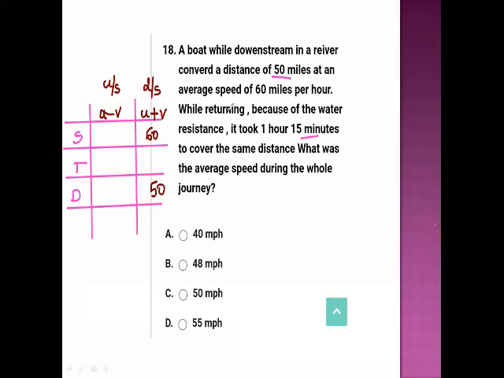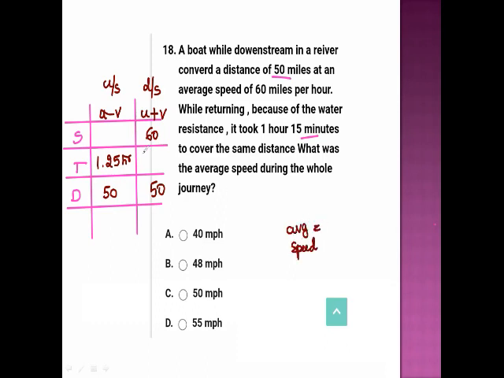While returning, because of the water resistance, the distance covered will be the same, and it took 1 hour 15 minutes, which means 1.25 hours. What was the average speed during the whole journey? They are asking for the average speed.